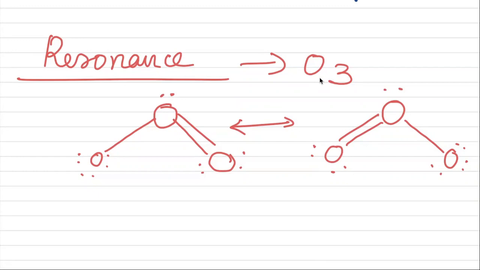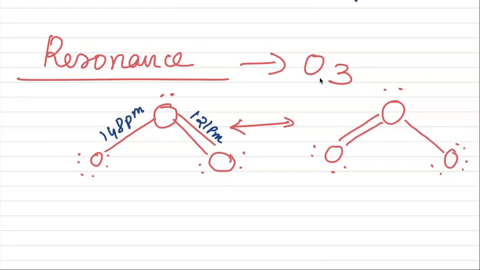If we consider the bond length, for oxygen with a double bond it becomes 121 picometer, and when two oxygen atoms are single bonded, the bond length becomes 148 picometer.